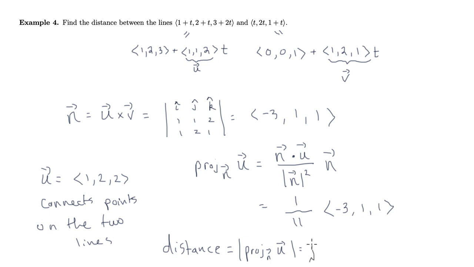So square root of 3 over 11 squared plus 1 over 11 squared plus 1 over 11 squared. And what is that going to give us? It's going to give us square root of 11 divided by 11 is the distance between those two lines.